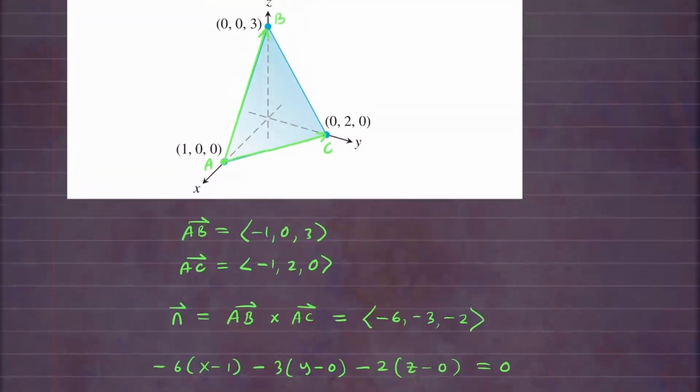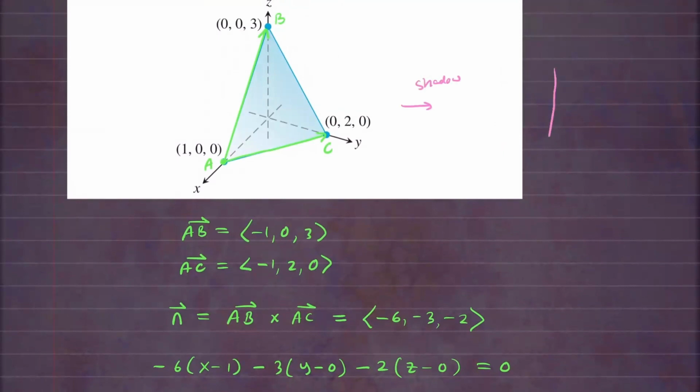So let's take a look at this way. Imagine you have a bottom surface and a top surface. We're going to look at the projection of this plane onto the XY plane. If you project it down, your shadow in the XY plane would look something like this.